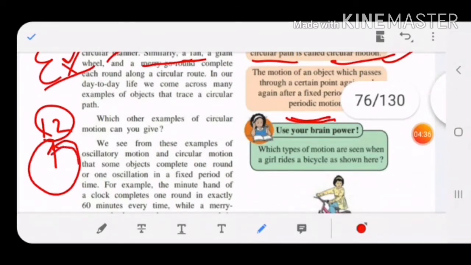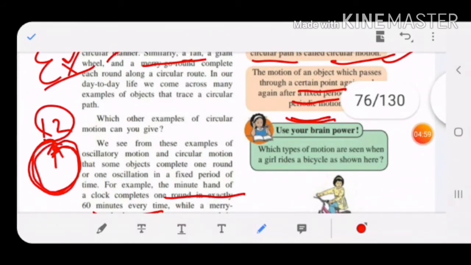The minute hand completes and comes again to 12 only. So the time is fixed. They complete one round in exactly 60 minutes. So that means the time period is fixed. So such a motion in which an object passes through a certain point again and again in a fixed period. It comes to 12 again after completing 60 minutes.